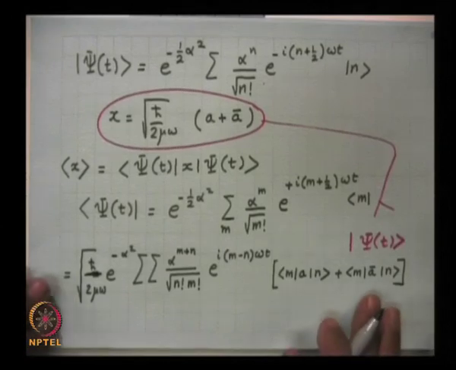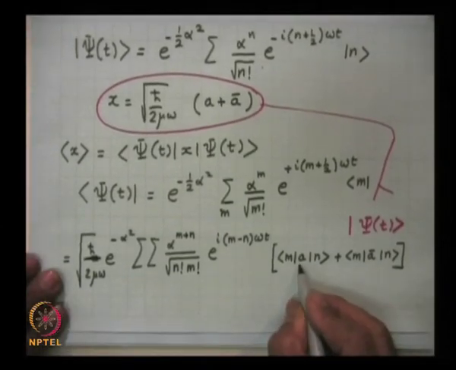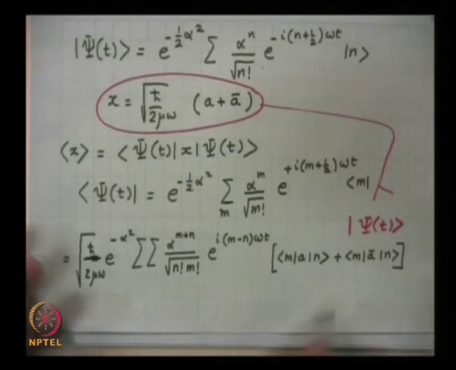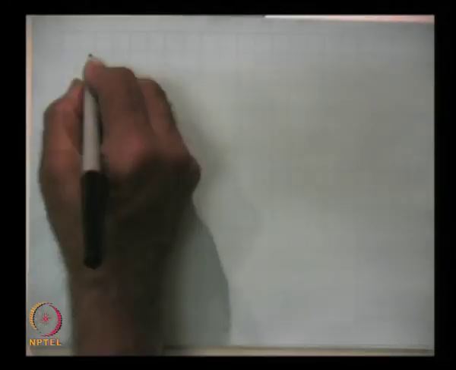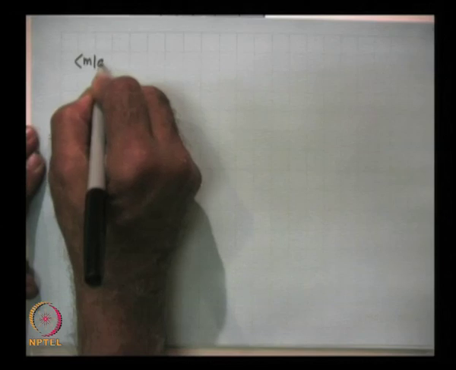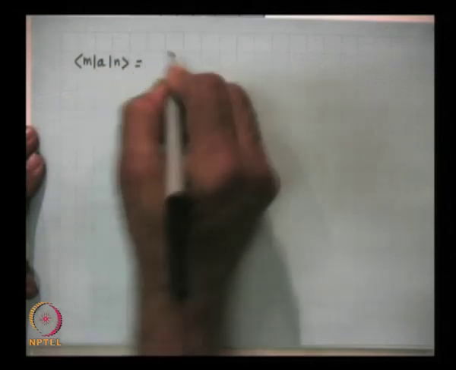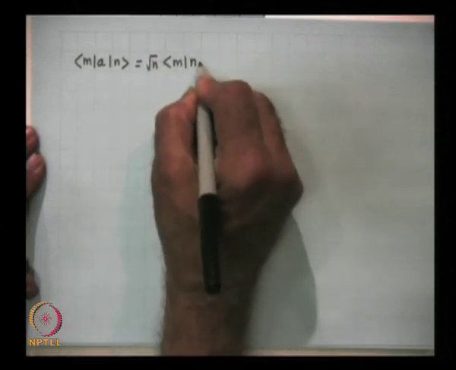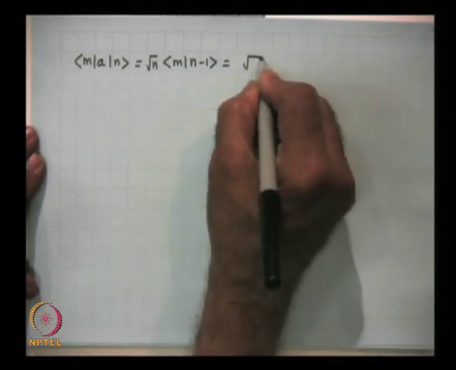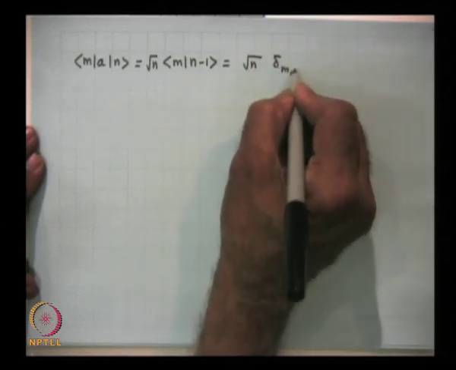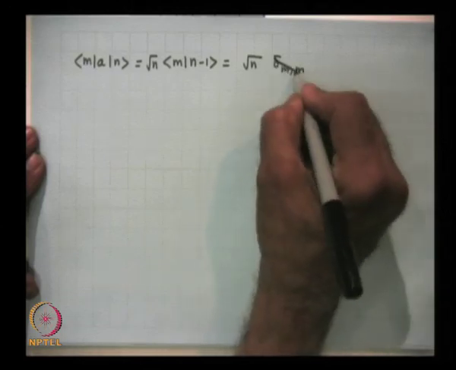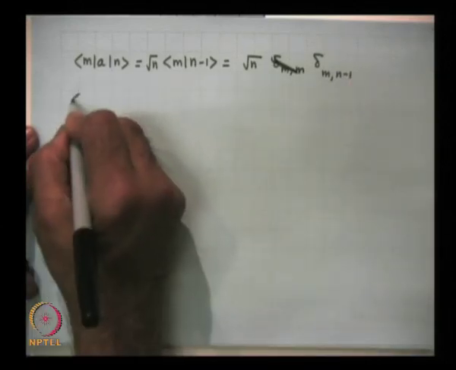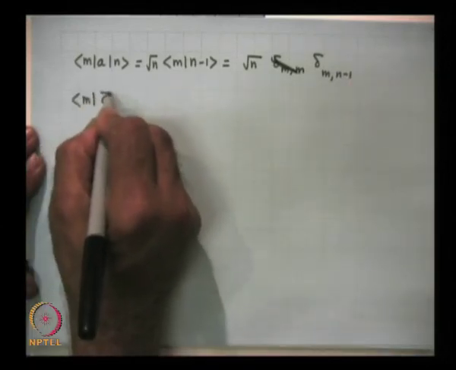So, we know that A ket n, let me work this out separately. I want to first calculate bra m A ket n. This is very simple. This will be square root of n, which I take outside, bra m, n minus 1. So, this is square root of n delta of m comma n minus 1. Similarly, you have bra m A bar ket n.